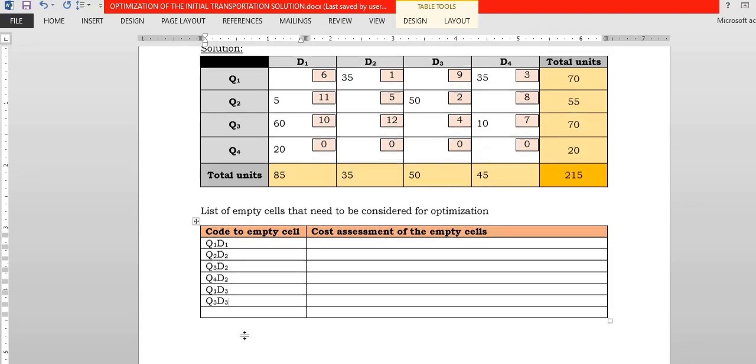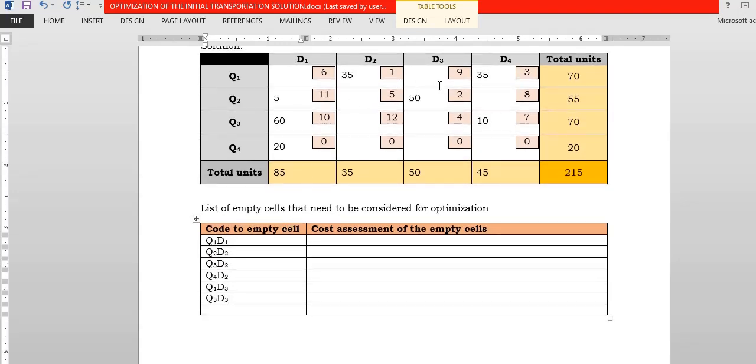Alright, so what else do we have? Q3D3 is here. Next is Q4D3. Okay, it's here. Then next we have the fourth column, which is Q2D4. So we need to add some lines here.